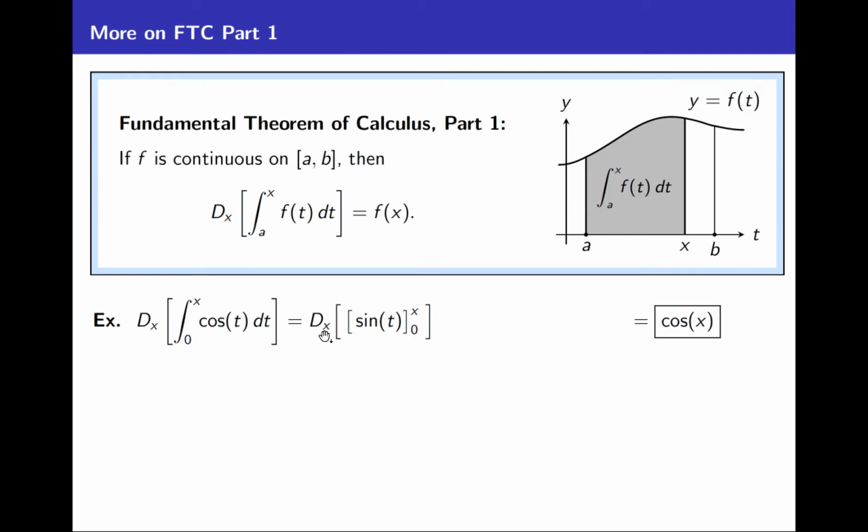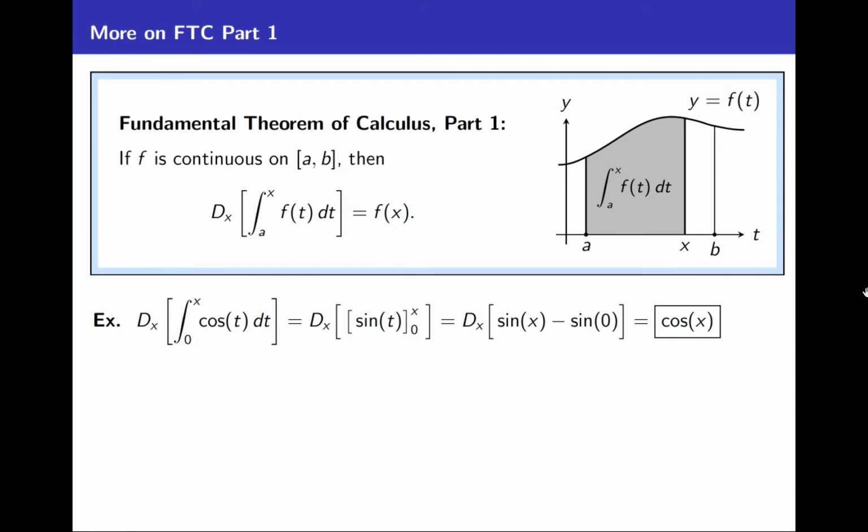So we're looking at the derivative of sine of t from 0 to x. Plugging in the x, we get sine of x minus the sine of 0. Now sine of 0 is 0, so it's just the derivative of sine of x.